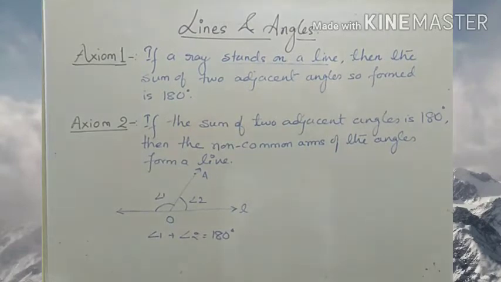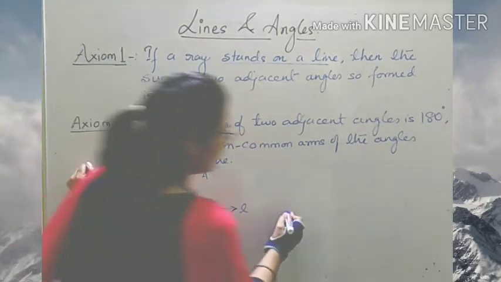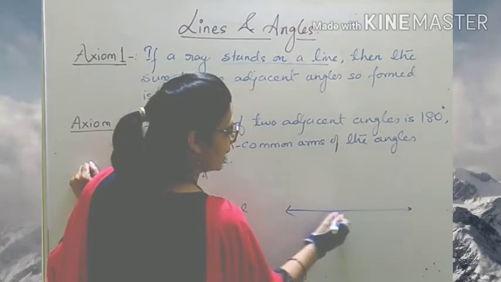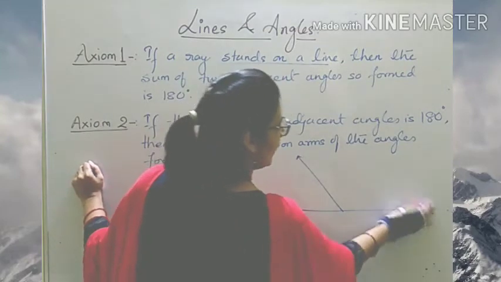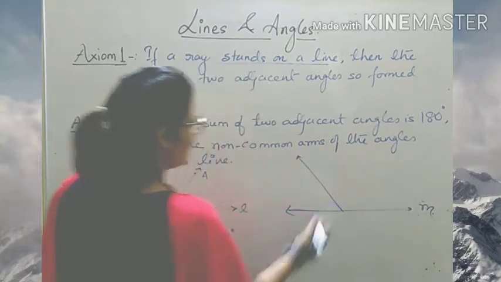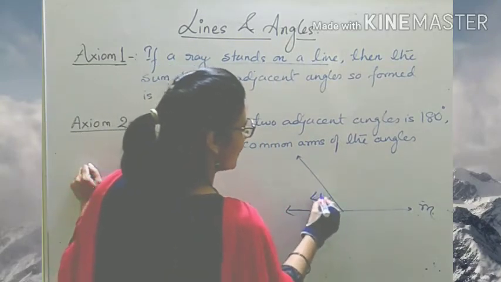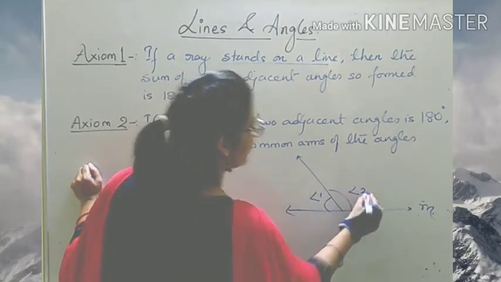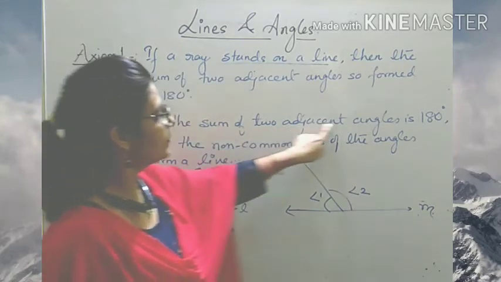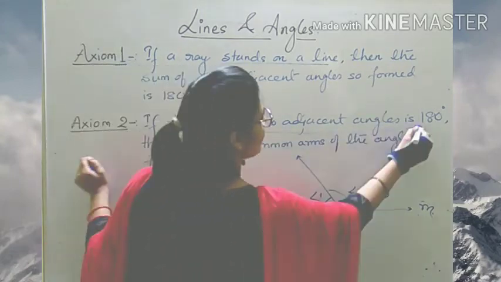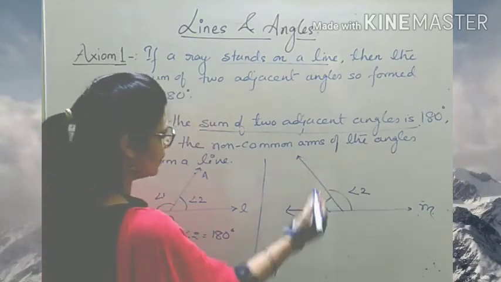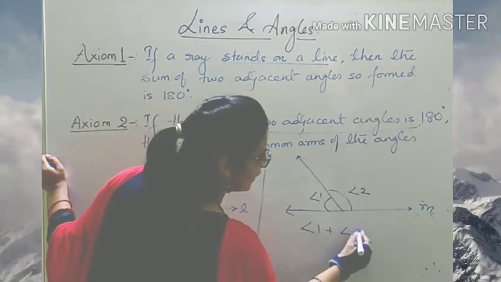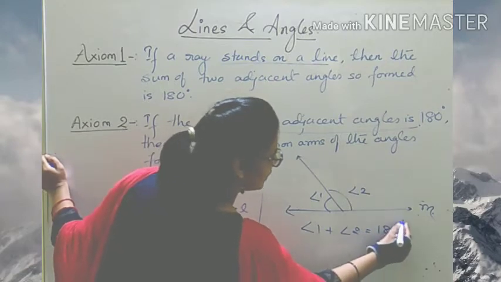So actually what the axiom is saying, if we are provided with two adjacent angles. Now suppose this is our line M, and in this M we are having the adjacent angle, angle 1 and angle 2. Now for the axiom 2, what is given to us is angle 1 plus angle 2 is equal to 180 degrees.